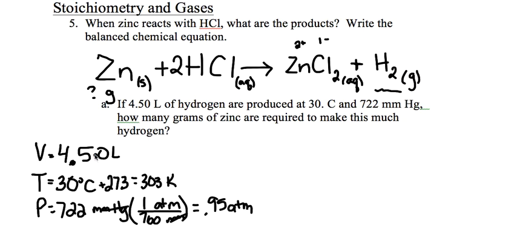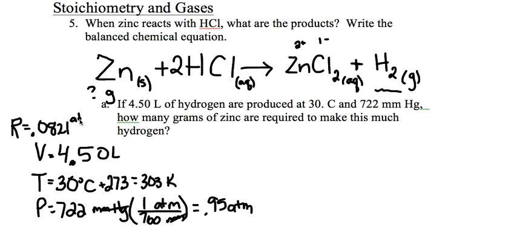Okay, well, I can't use any of the ideal gas law information with zinc, because zinc is a solid. And so I'm going to have to focus on the hydrogen information first. So I have a volume, I have a temperature, I have a pressure. I always have the constant. The ideal gas constant is 0.0821.